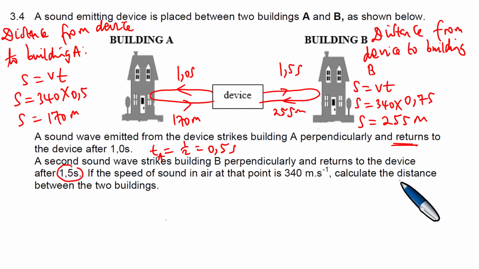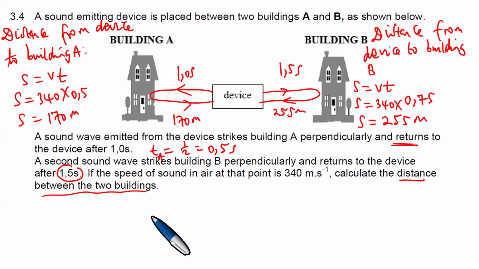But I want to calculate the distance between the two buildings. We can't say the distance from the device to the building is the distance here and then back, because you travel twice. We want one direction, the distance from here to there, not going back.